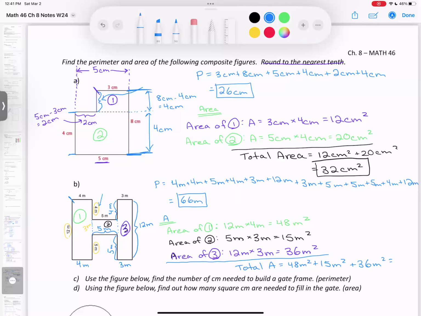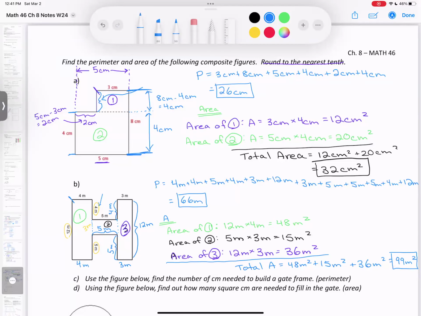And what does that give us? 99. So we get 99 meters squared for area. It's kind of messy. Let me do that again. 99 meters squared.